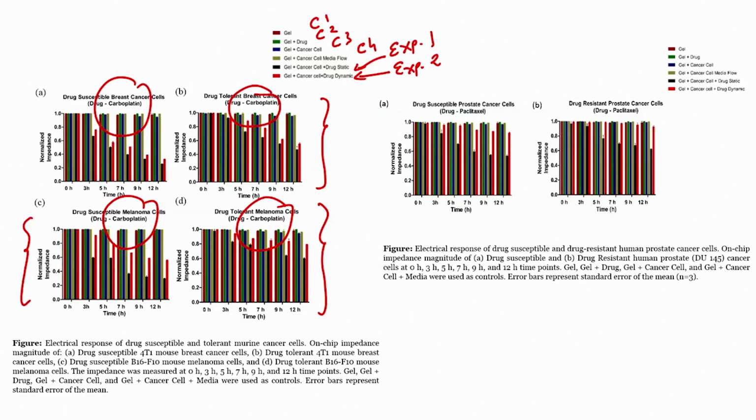That is why when we go for prostate cancer cells to understand the effect of drug, we are using paclitaxel. So, anyway, this is just for understanding that platinum drugs generally are used for breast cancer cell and melanoma, while Taxol based drugs are used for prostate cancer.